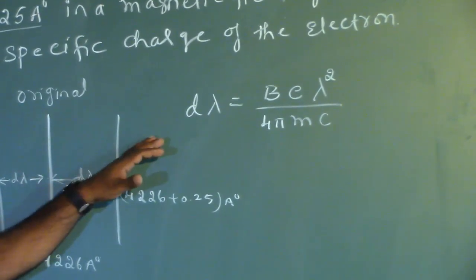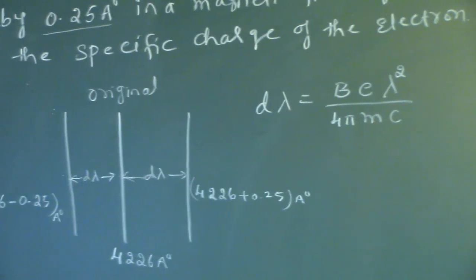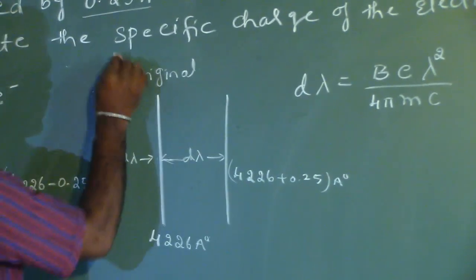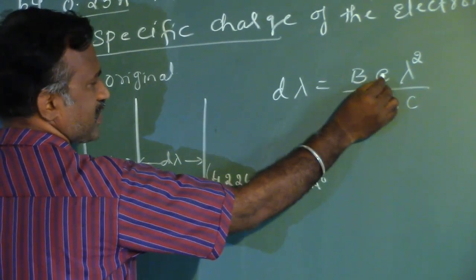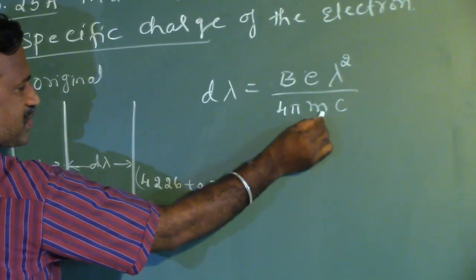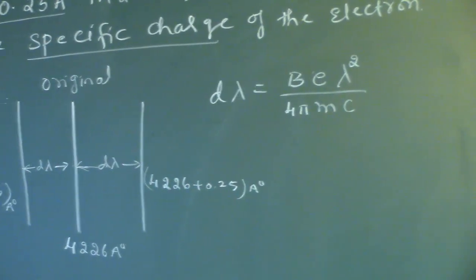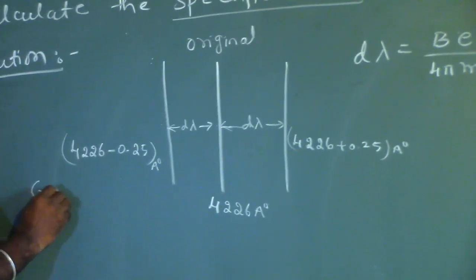Using this formula, we need to calculate the specific charge of the electron. Specific charge of the electron is nothing but the ratio of charge of the electron to mass of the electron. Now let us write the given data.